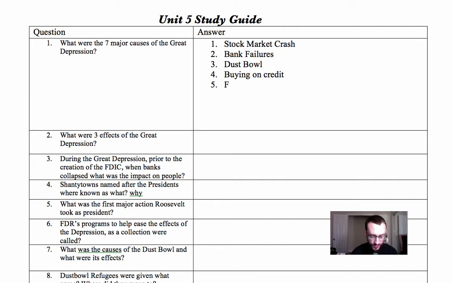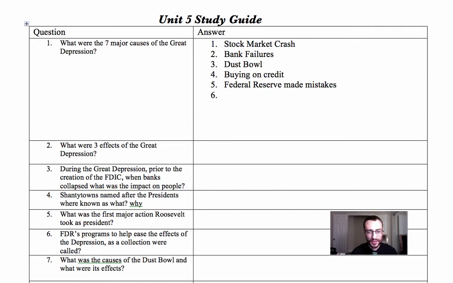So rather than paying cash for things, they were borrowing the money to pay back later. The Federal Reserve made mistakes. This was with Andrew Mellon, and he could have perhaps made other decisions than what he did. The Hawley-Smoot tariff. This is also from the reading.